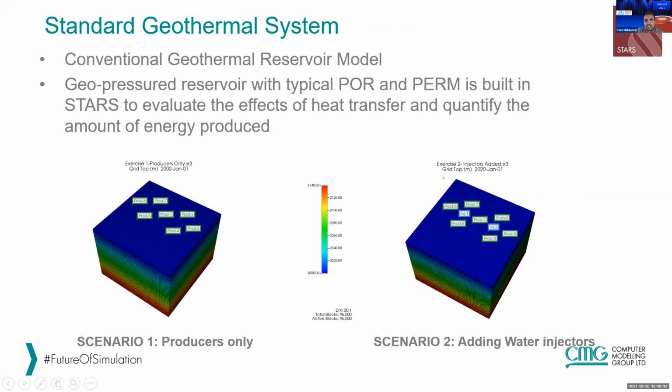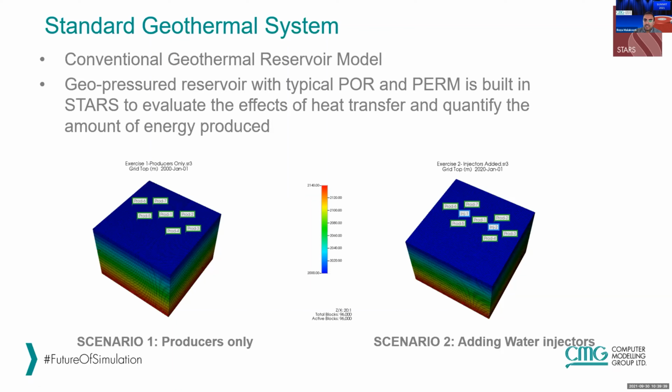But in the second scenario, on the right-hand side, we also add the injectors, which basically replicate the concept of reinjection of the water into the system after it has been produced from the geothermal reservoir.